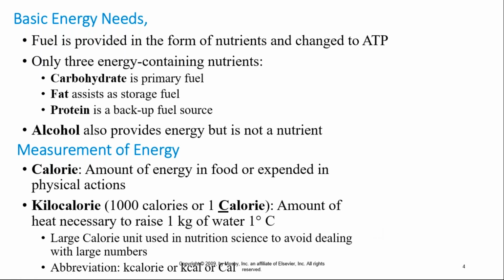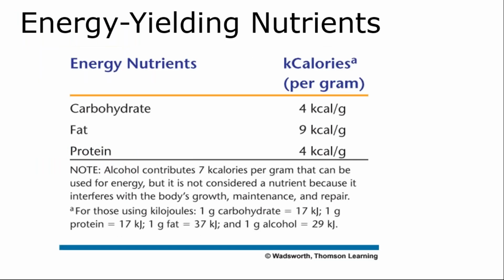In other countries, they use the joule. So 1 kilocalorie is equal to 4.16 kilojoules. You should be able to convert calories into joules and joules into calories by using this conversion factor. The energy-yielding nutrients, to reiterate, are carbohydrate, fat, and protein.